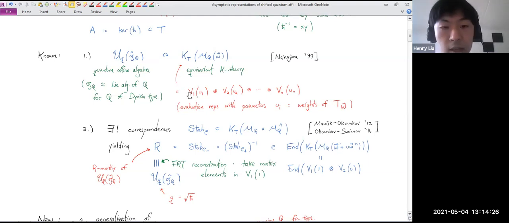It's a usual representation V of G, and the way you promote it to a representation of G hat is you make this new loop variable act by the scalar U. And so that's an evaluation representation. And geometrically, it turns out what these scalars mean is that they will be exactly the equivariant weights of this framing torus.